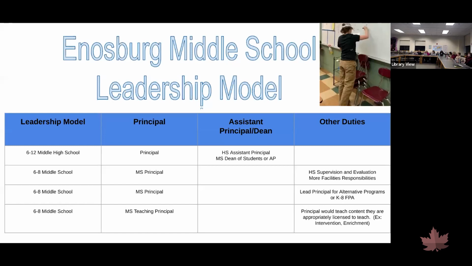And I feel like the numbers between the flexible pathways and the middle school, consolidating that would give us more power elsewhere. Does that make sense?